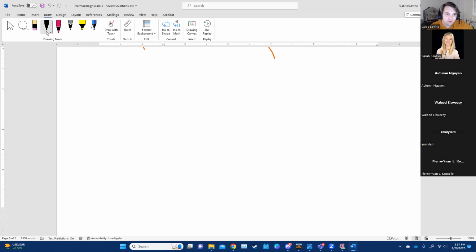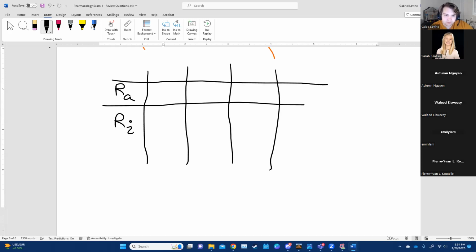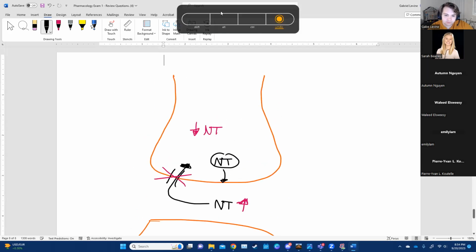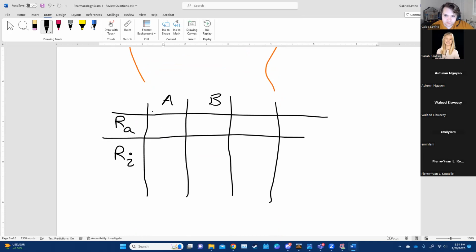So we have 4 drugs, with RA and RI. We have 10 nanomolar, 10 nanomolar.